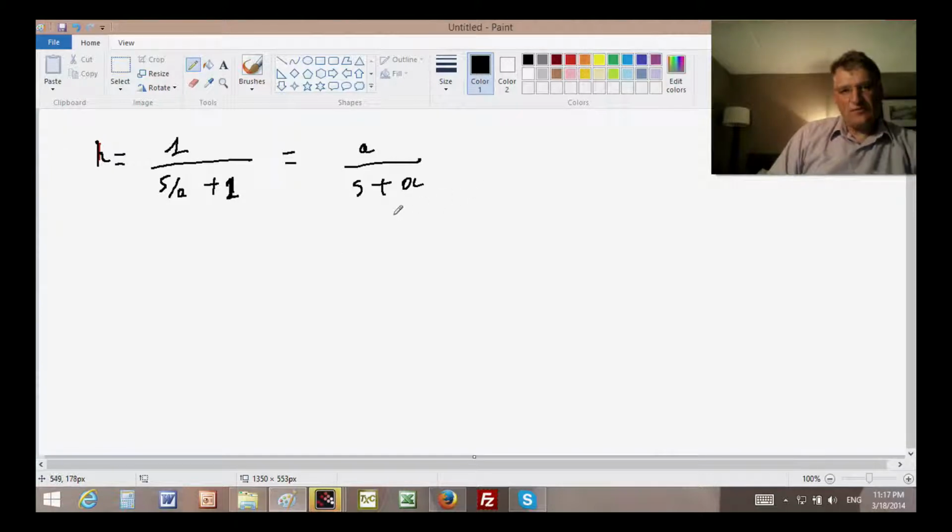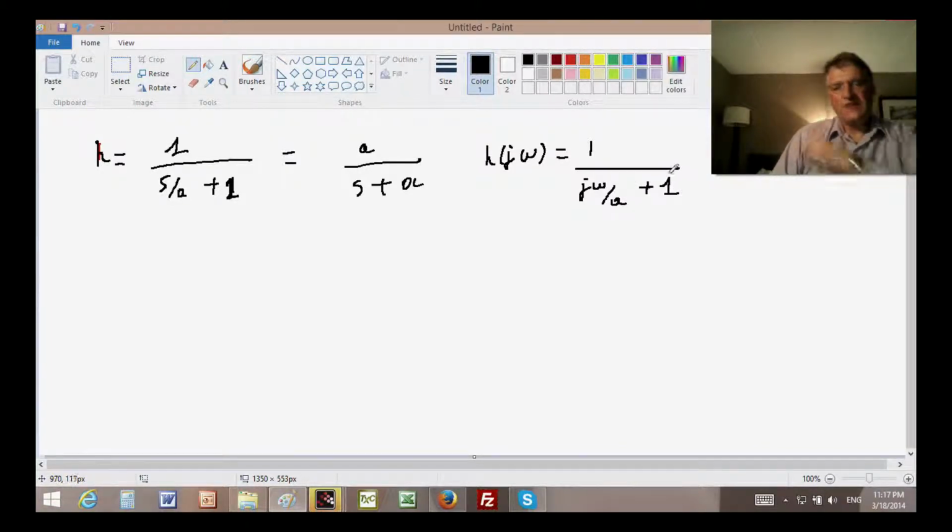Now, what does happen? Well, in order to get the magnitude of h, we first write h of j omega is equal to 1 over j omega divided by a plus 1. To get a plot of this, first we can go through complicated manipulations.